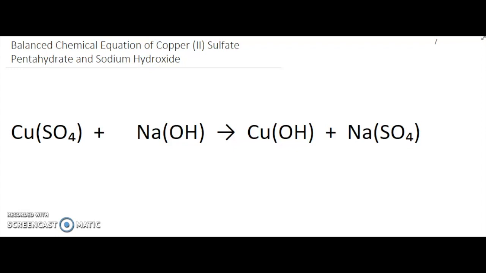First, calculate the charges of all the ions. Let's make them balanced molecules.